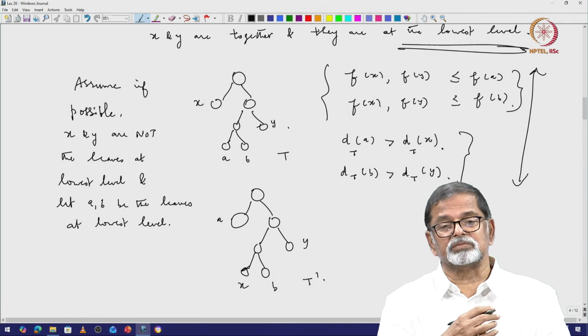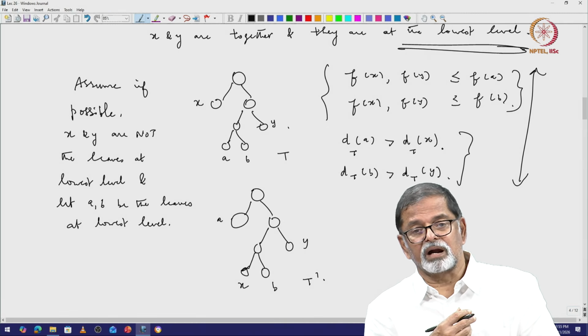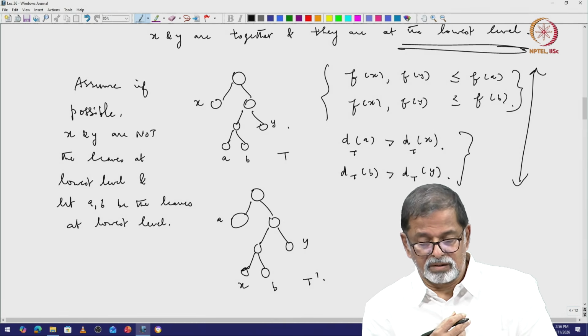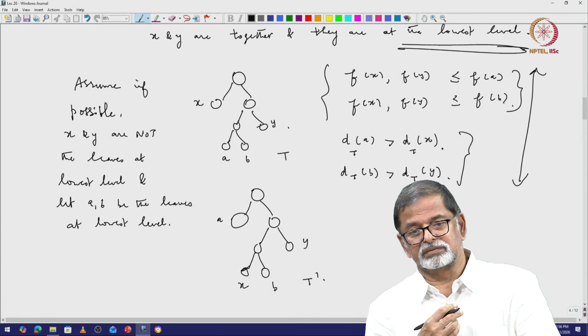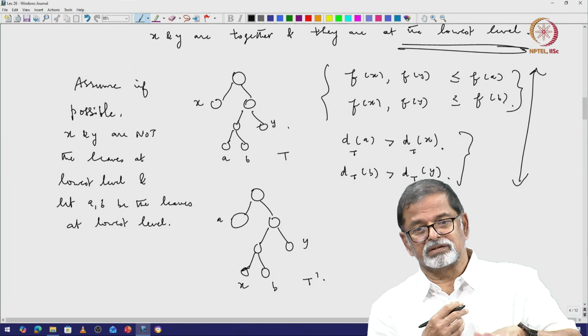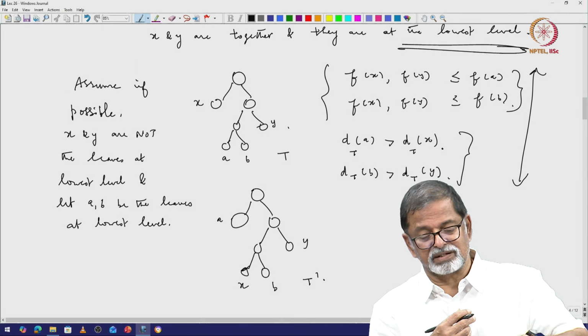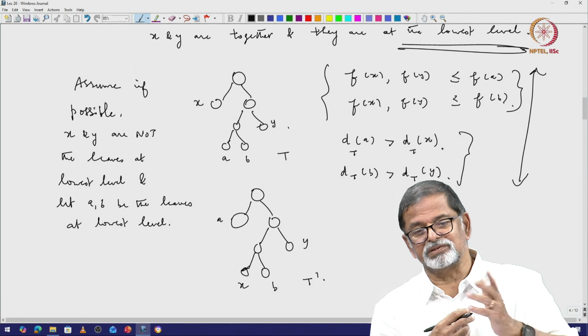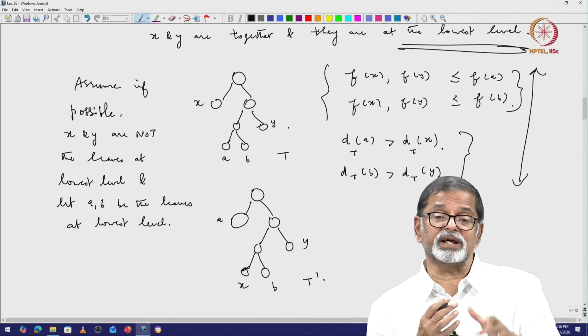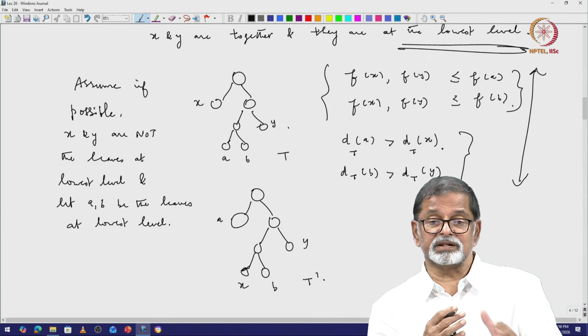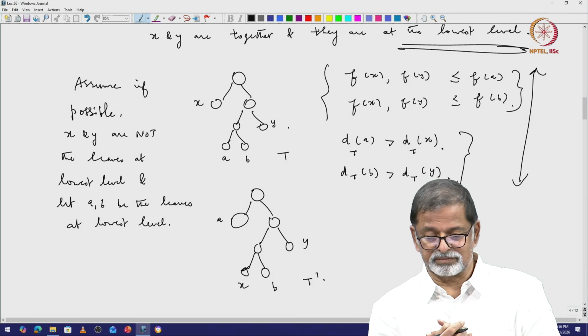So, you have an optimum solution and you have another solution in which the label of X and A are exchanged. My claim is that if T is optimal, T dash is also optimal.